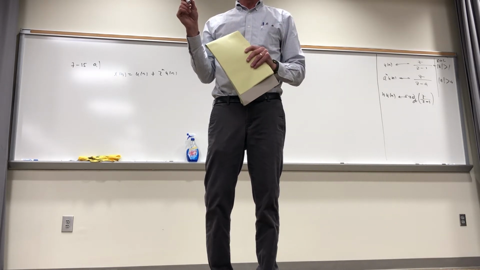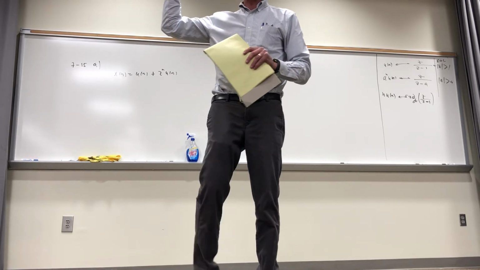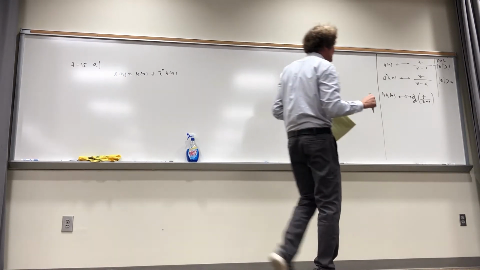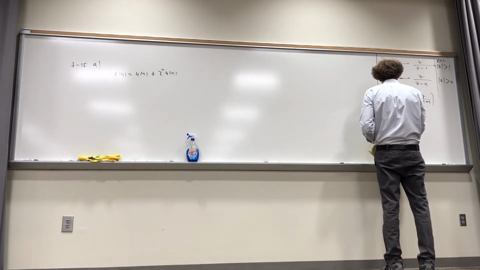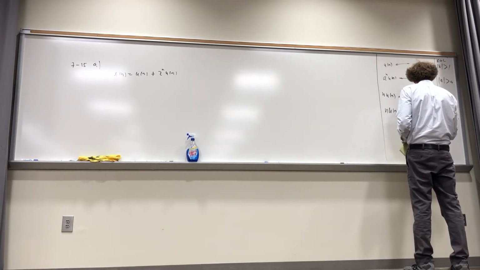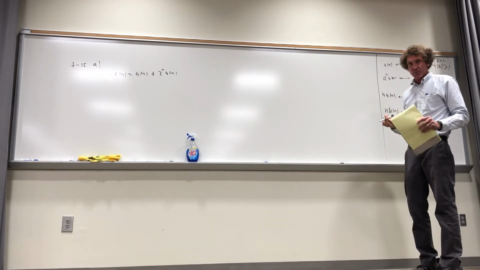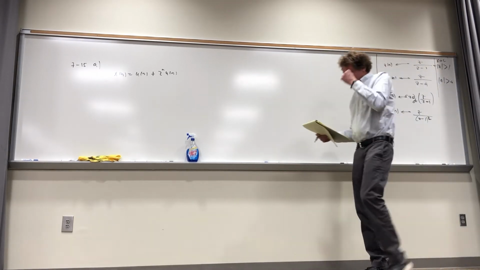It's the same thing here. This is one you should know, and this becomes n times u of n, which simply goes to z over z minus 1 squared. I believe he has this one in his table, actually. I'm not sure.